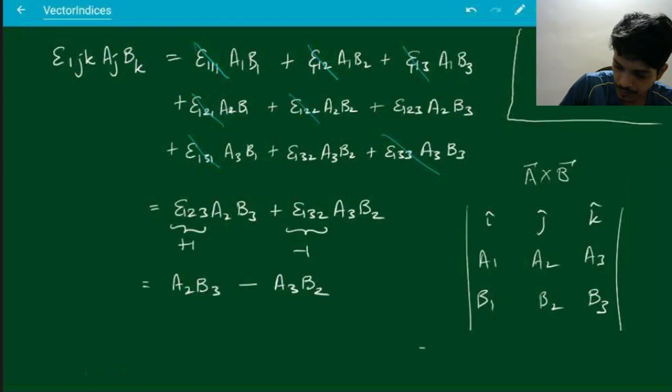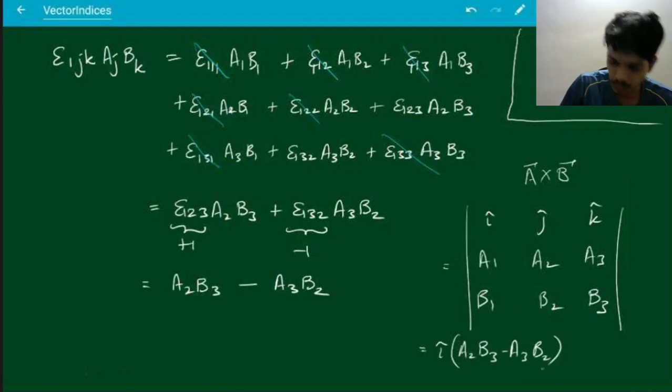So this would be i, and then you would get A2 B3 minus A3 B2, and then plus j, A3 B1 minus A1 B3, and then similarly for k also.